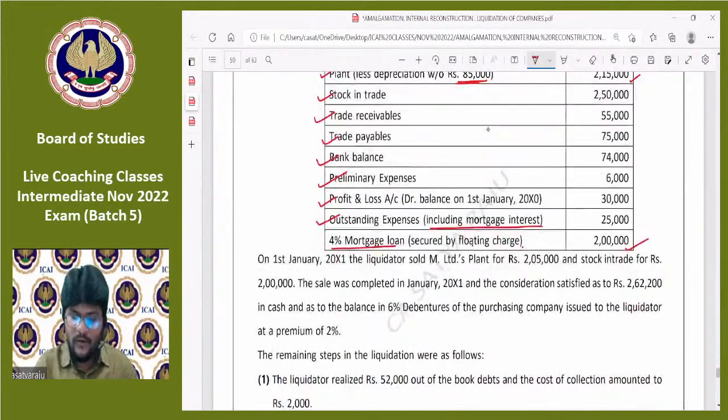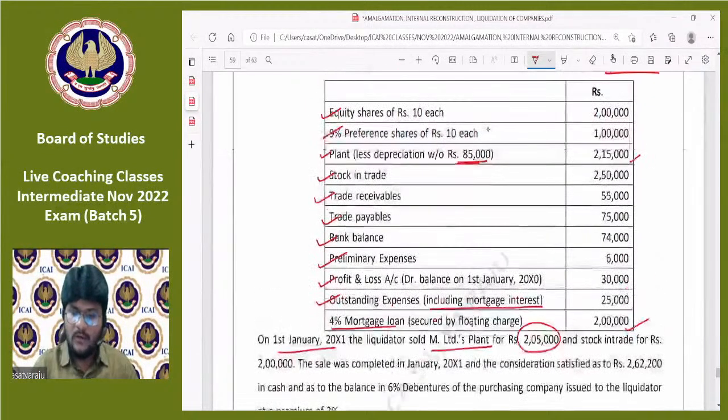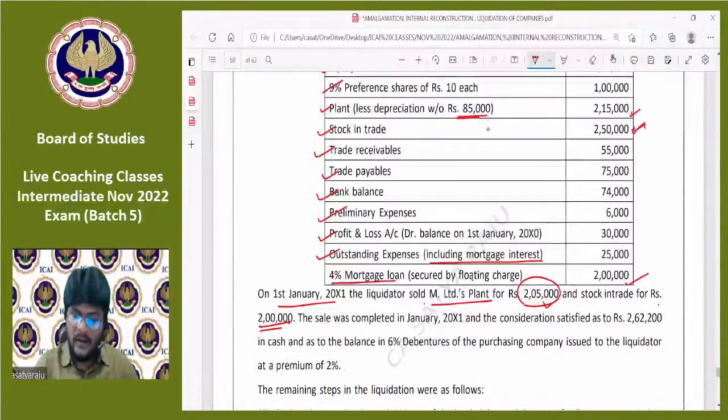On 1st January 2011, the liquidator sold M Limited's plant for 2,05,000. So this plant is there now, 2,15,000 plant is sold for 2,05,000. And stock in trade for rupees 2 lakhs. Inventory is there now, 2,50,000, which is sold for 2 lakhs. The sale was completed in January 2011.